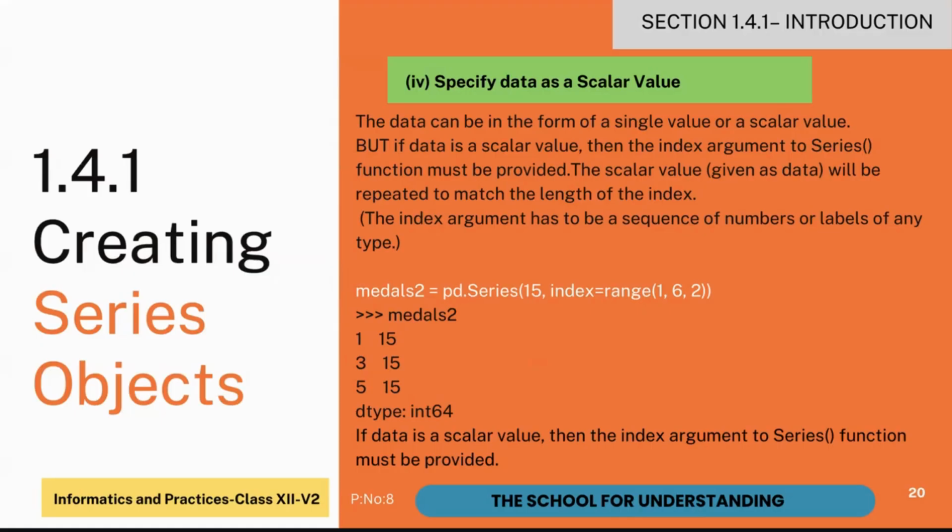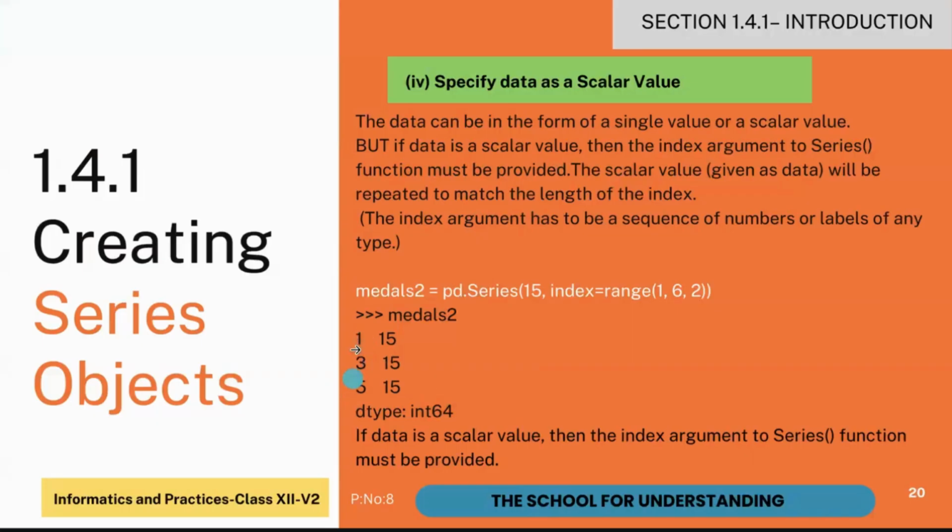So if you pass a scalar value, the data of the pandas series object will be repeated to match the size of the index. If you give an index like 1 to 10, the scalar value will also be repeated that many times. Here the range function gives 1, 3, and 5 as the index, as you can see on the left side.